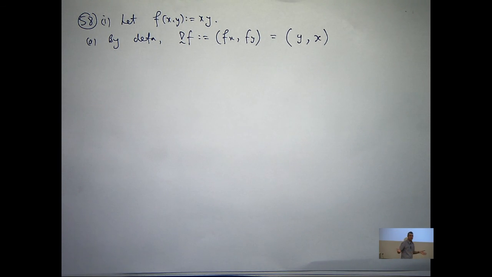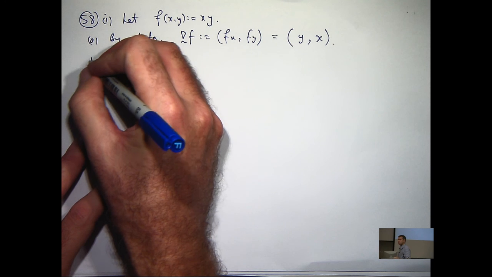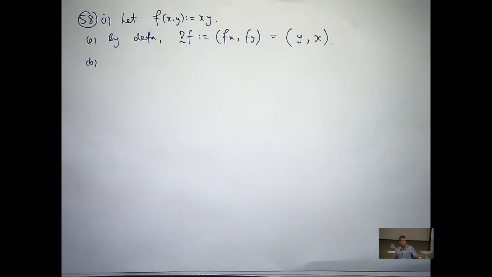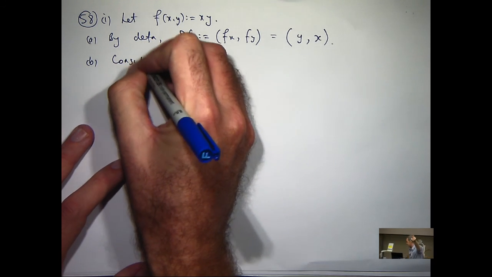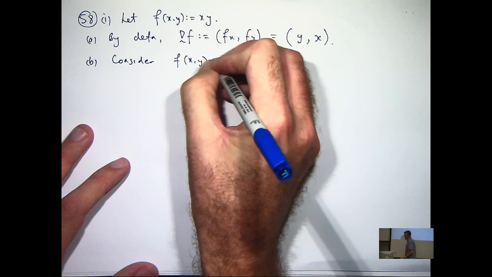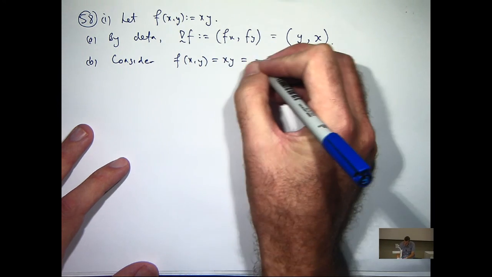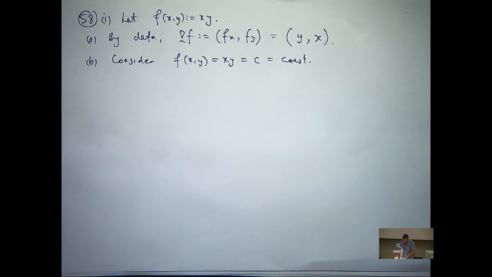Right, the second part of the question was graph some level curves of this function. So we'll just be graphing them in the xy plane. Consider xy equals c, which is a constant.